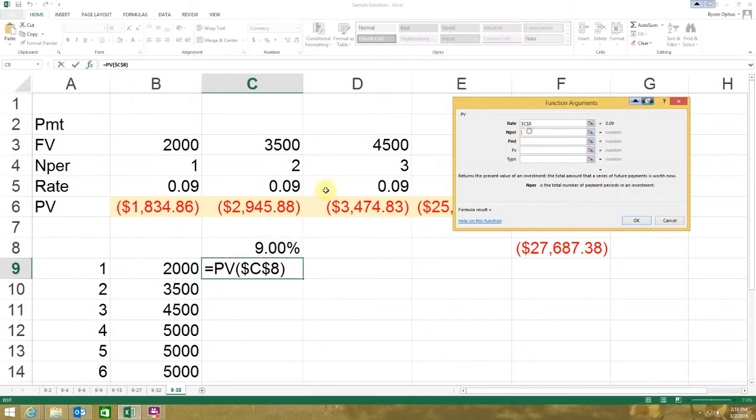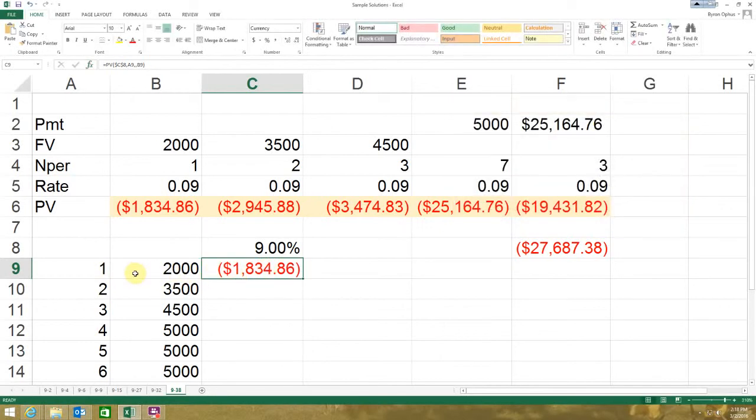My number of periods is 1, but that's going to constantly move as I come down and do this same calculation for the other ones, so I don't want a $ on it. My future value is this, and like the number of years, it's going to move as well. So I've put the number of years in here, and that creates the number of periods for calculating that present value.